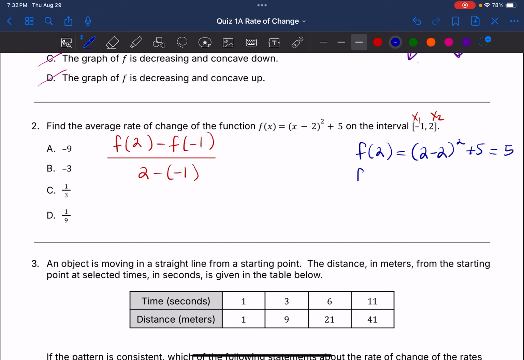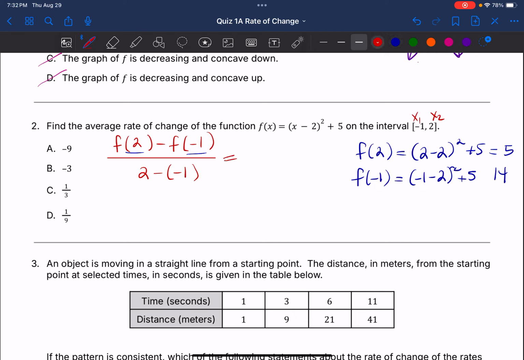And then if I want to find f of -1, we're going to substitute -1 for x. Okay, so now I have -1 minus 2, that's -3. Squared would make that 9, plus 5 is 14. So now I have 2 values to plug into these spots here.